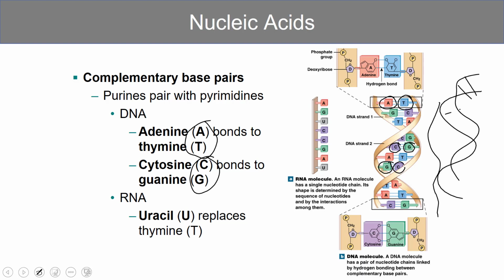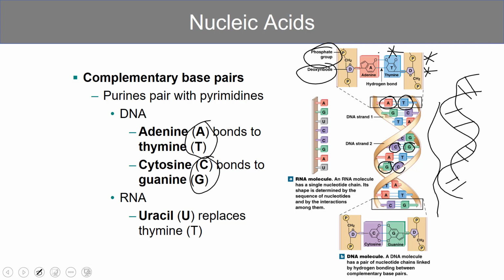You can see that the rungs of the ladder are the nitrogenous bases, while the rails of the ladder include both the sugar as well as the phosphate group. Remember that the nucleotide, or the building block of nucleic acids, consists of a nitrogenous base, a sugar, and a phosphate group.